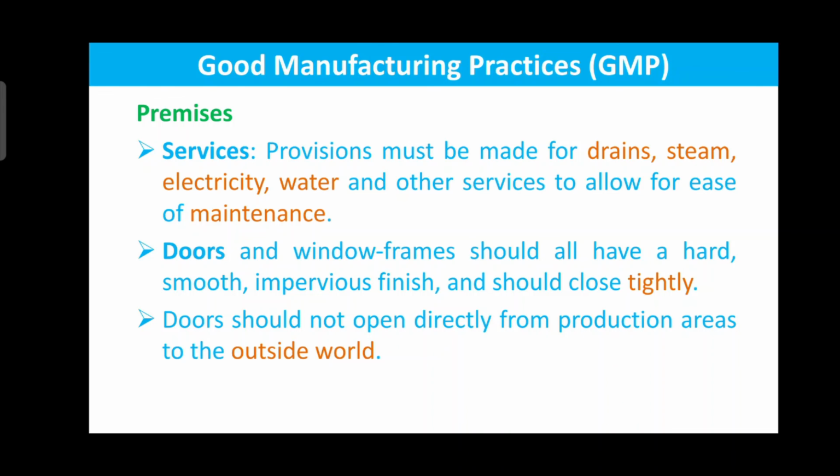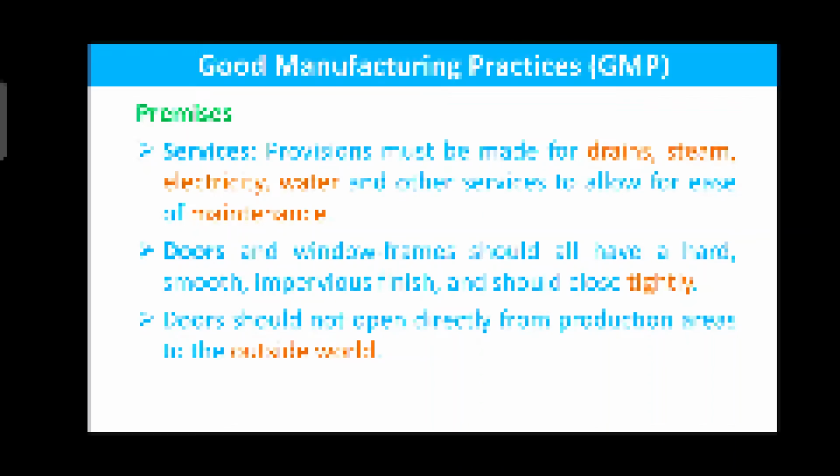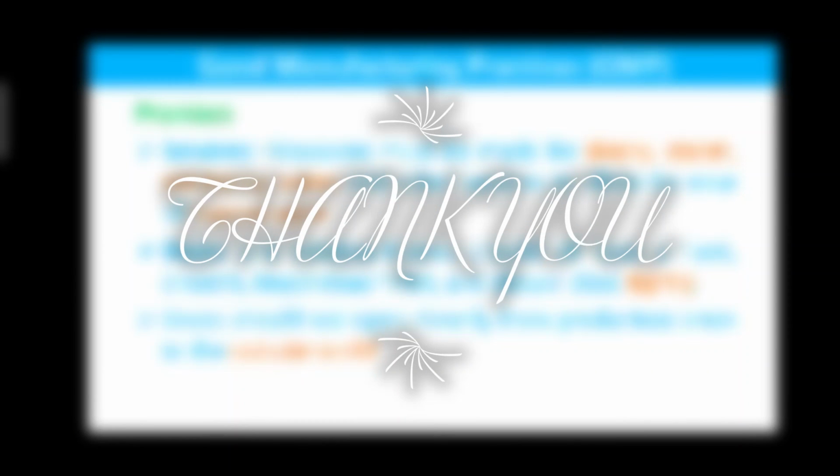You will not know what is going on outside on the roads, outside the campus of the company. So this is the point. Now you see, this is all common sense, but it is laid down. That is good manufacturing practice guidelines, GMP guidelines.